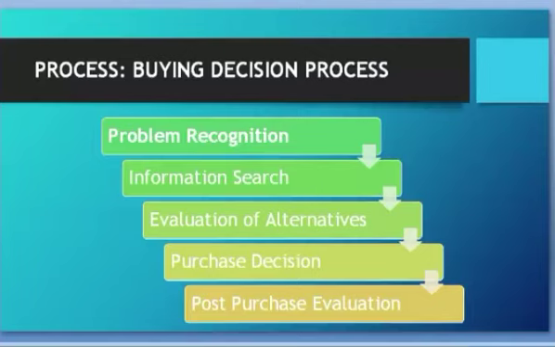The second one is commercial sources, which deals with salespersons, dealers, packaging, displays, advertising, websites, etc. Third is public sources, which relates to mass media, consumer rating organizations, and so on. And the last is experiential sources, for example, handling, examining, using the product itself, and so on.